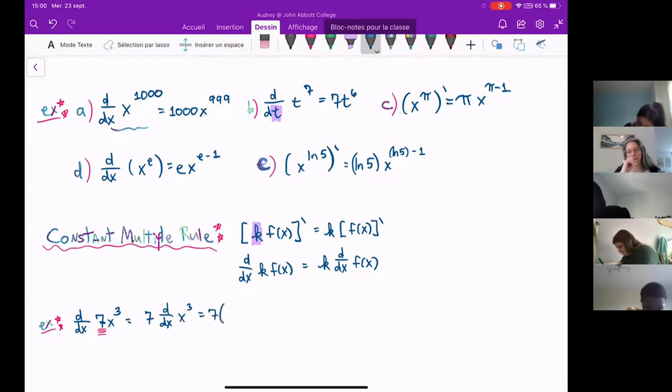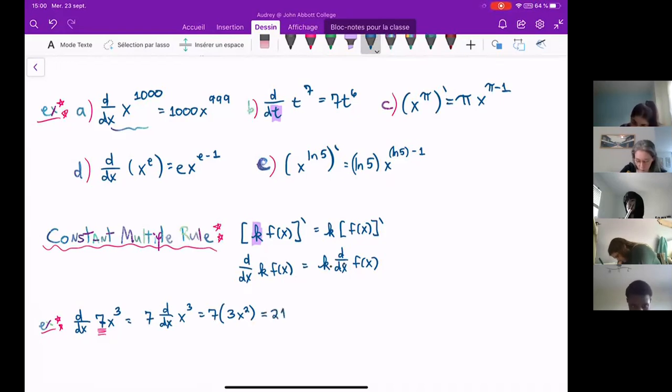What's the derivative of x cubed? Based on the power rule that we just learned, 3x squared. So notice the 7 didn't go into my calculation of the derivative. I calculated the derivative and then I'm multiplying by 7. So that's 21x squared.